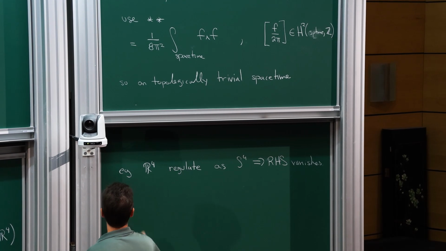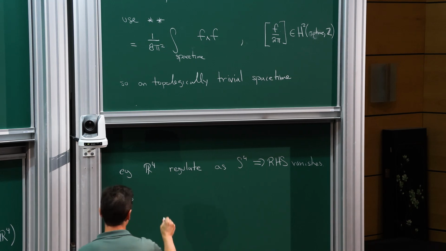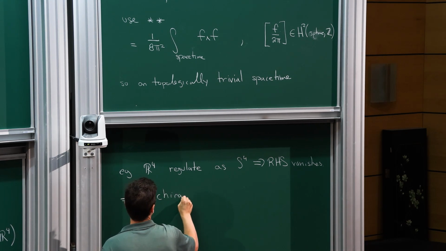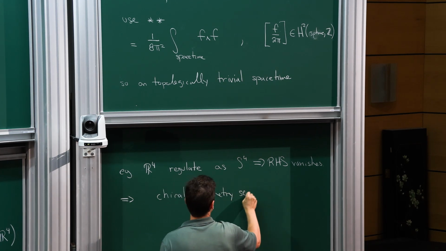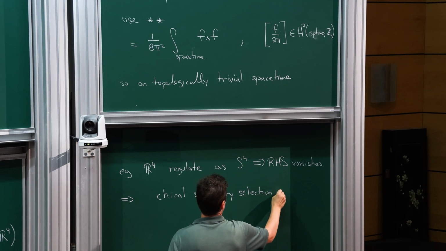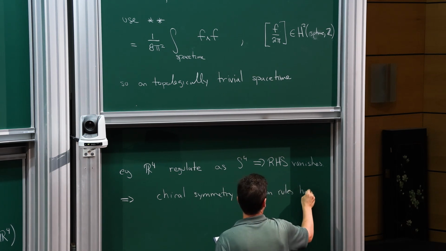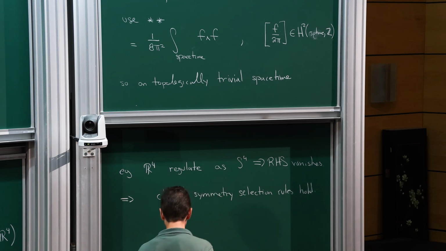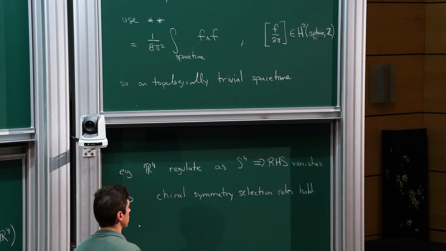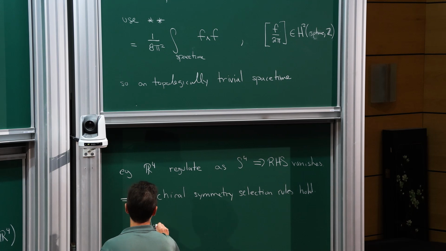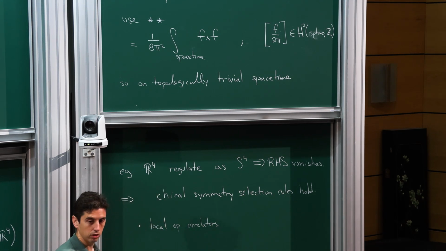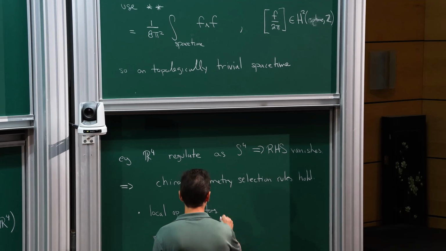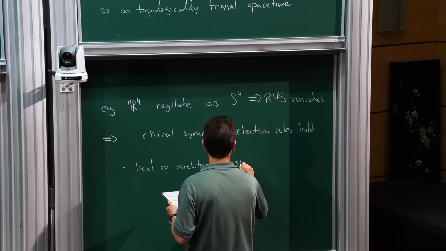So, for instance, it seems to mean that the chiral symmetry selection rules hold, at least in two contexts: local operator correlation functions, kind of your bread and butter calculations, as well as standard S-matrix elements.